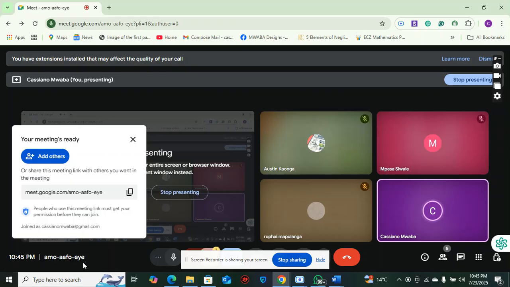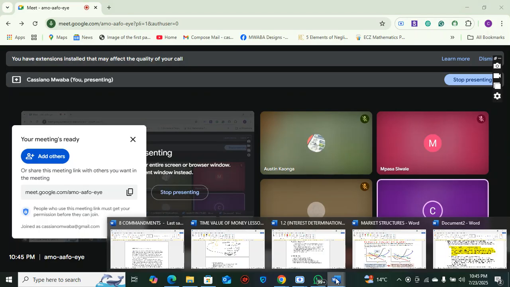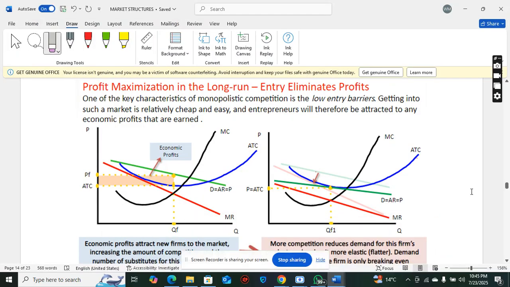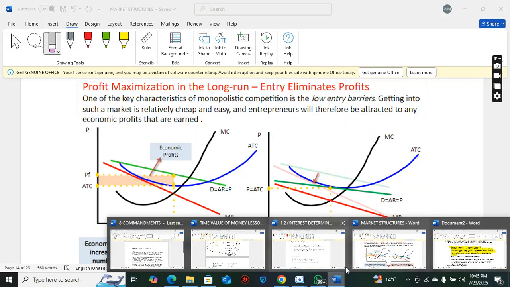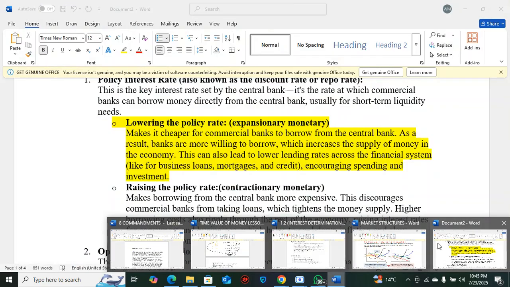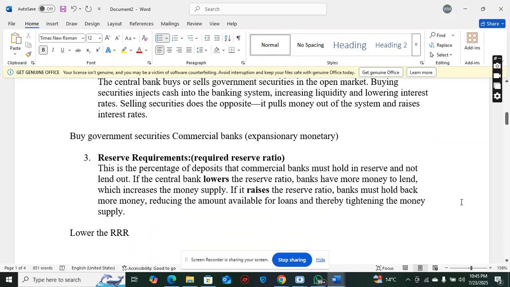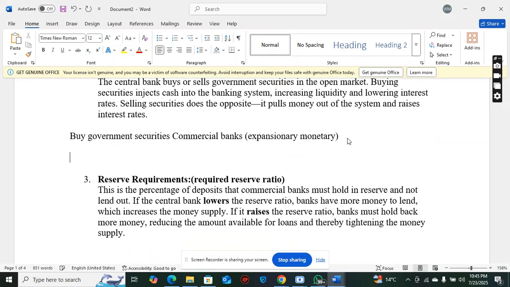When it comes to open market operations, this is now where the central bank is going to sell treasury bills, these government securities, to commercial banks.